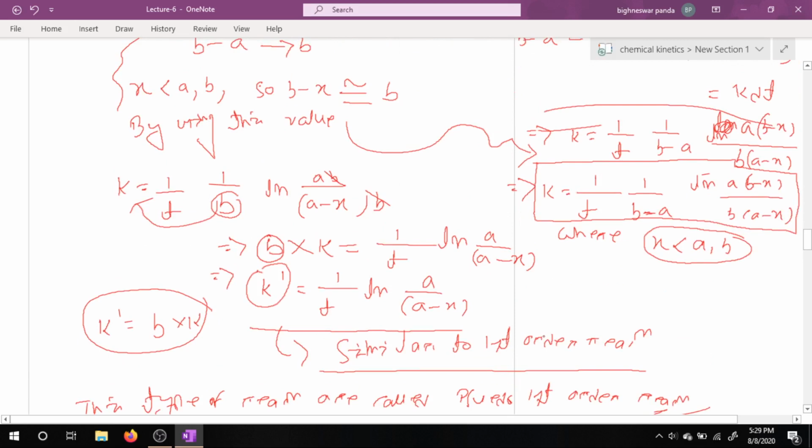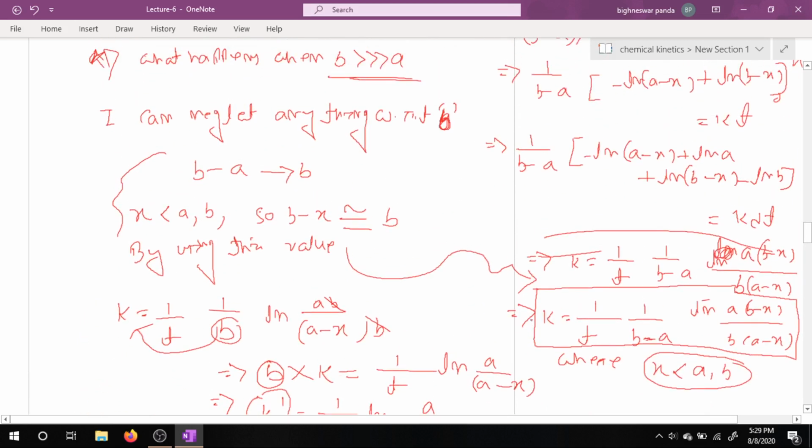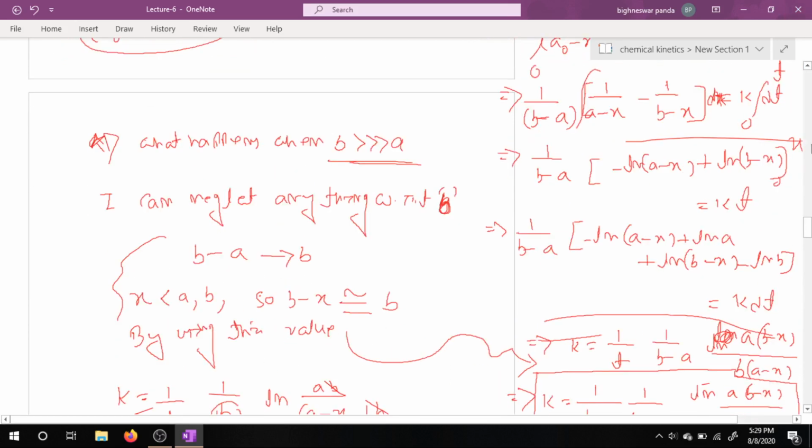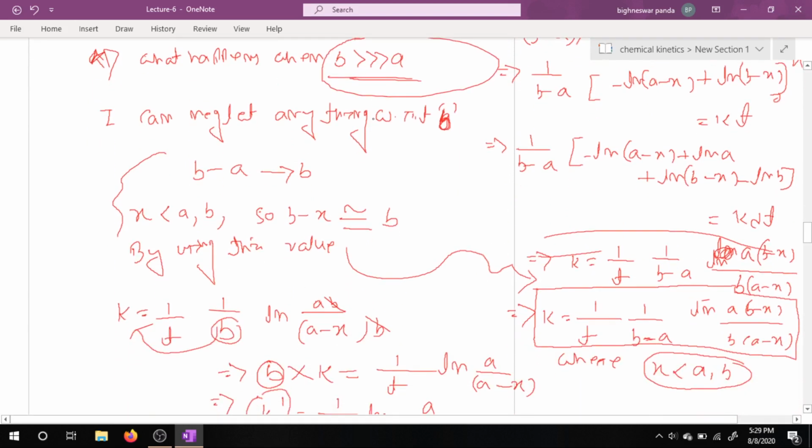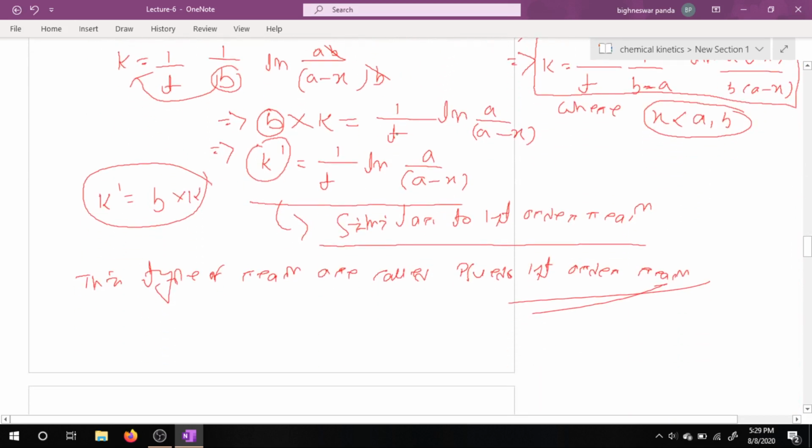It occurs when the concentration of one reactant is greater than the other. Since the concentration of B is very greater than A, the concentration of B is constant. So this type of reaction appears to be first order and is known as pseudo first order reaction.